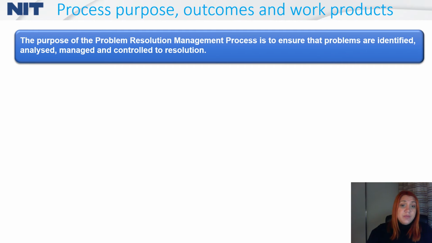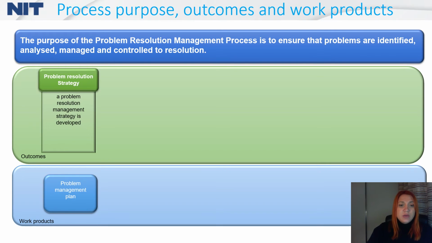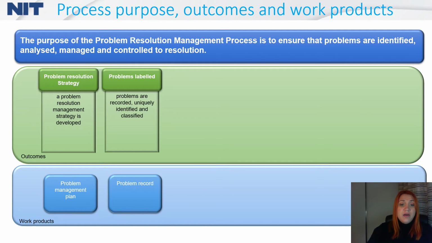The purpose of the problem resolution management process is to ensure that problems are identified, analyzed, managed, and controlled to resolution. Now let's check what the outcomes are. Outcome 1 is that you need to have a problem resolution strategy. And for that, you will for sure have some kind of problem management plan. Then you have to have problems labeled somehow. It means that you need to record them, and you need to uniquely identify and classify them.